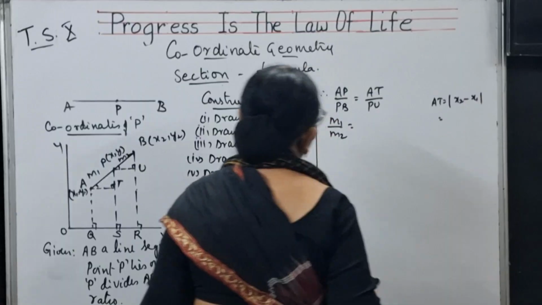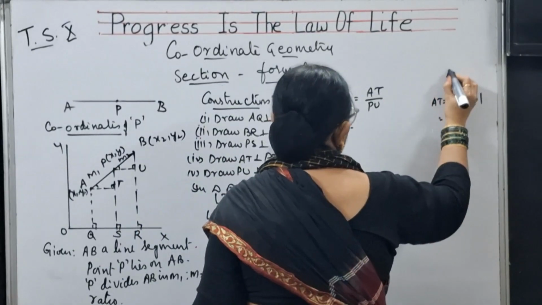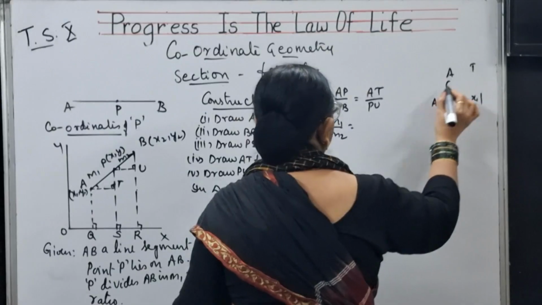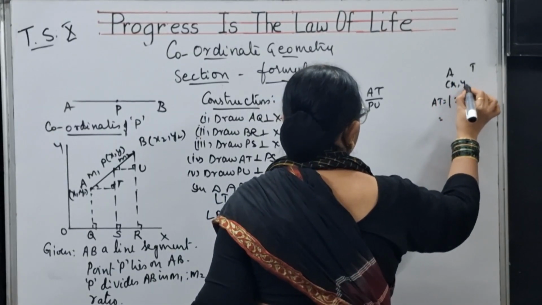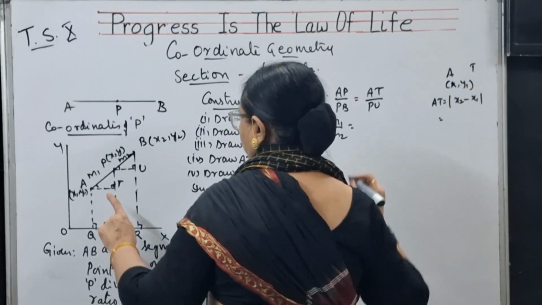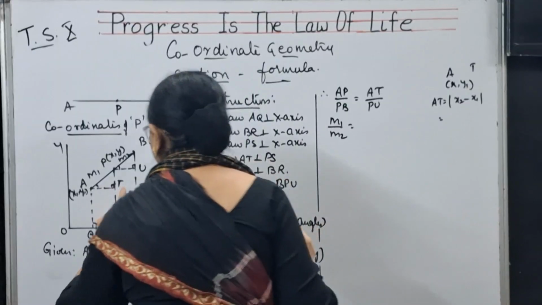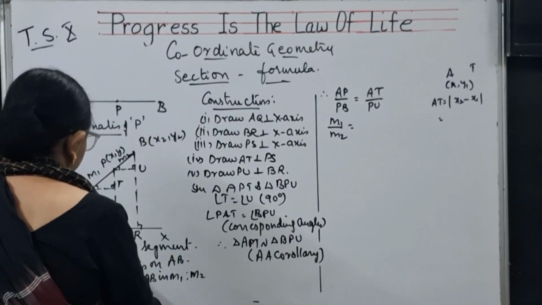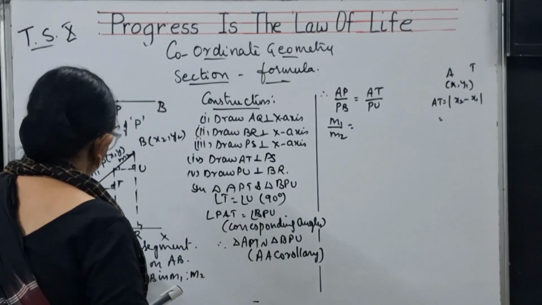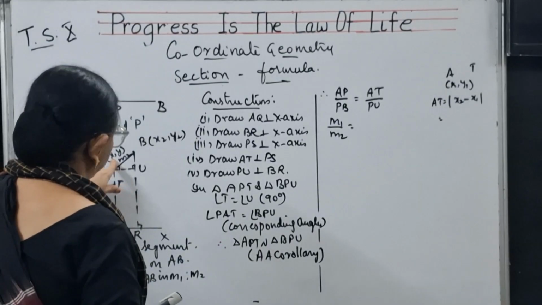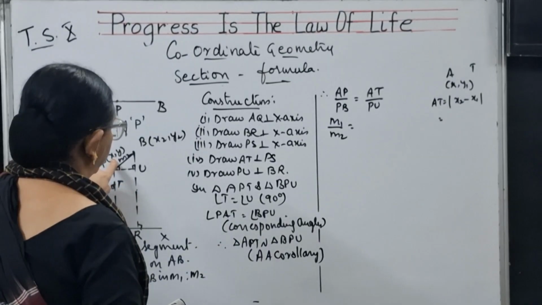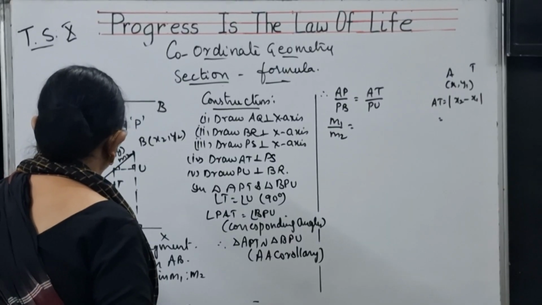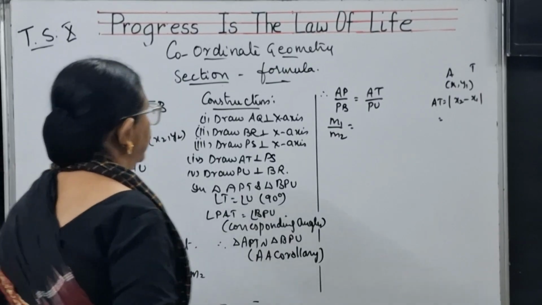This is the formula we have learnt. A and T, if you take, A ordered pair is x1, y1 and T ordered pair, what is the T ordered pair, you will say? From here to here it is x. From here to here it is y.